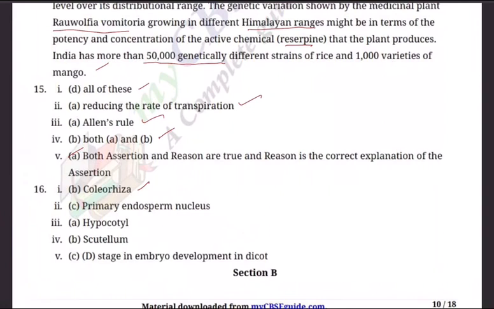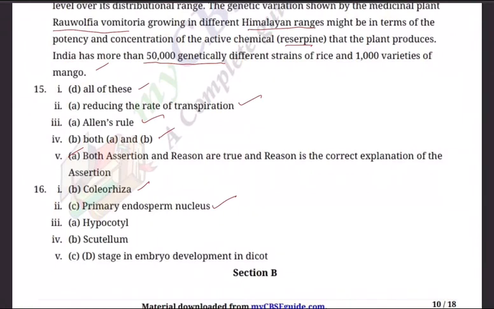Then question 2 in 16, the male gametes which moves towards the two polar nuclei located in the cell and fuse with them to produce PEN, primary endosperm nucleus.